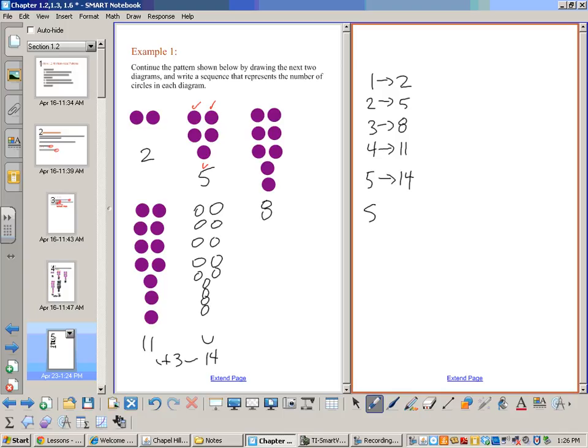So as a set, the set of numbers that we have there is 2 and 5, and I'm just looking at the number of circles that's going to occur here. 8, 11, 14, and then of course that's going to continue.